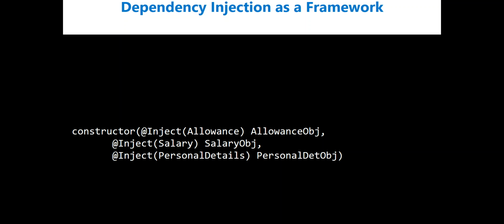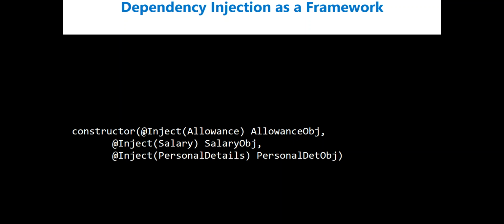We tell the DI, that is dependency injection, that the first constructor parameter should be of type allowance, the second of type salary, and the third of type personal details. So now the DI can read this information and conclude what all the dependencies are that are needed to create a contract employee object. You got the point, right?